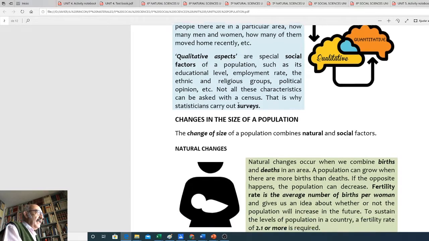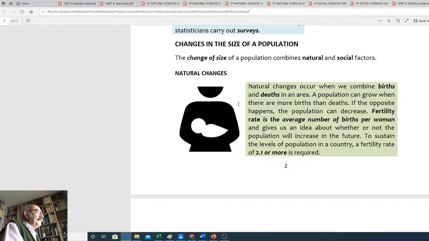This is important. Next, we have a paragraph about changes in the size of a population. People study population to know about changes in this population. And the first thing we need to know is the change of size of a population. This change combines two different factors, natural and social factors.